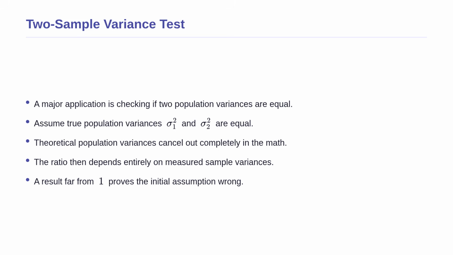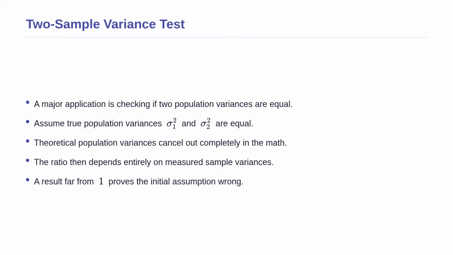Having seen the shape of the distribution, let us explore one of its most important practical applications, the two-sample variance test. This test is used when we want to check if the variances of two different populations are equal. We start by assuming that the true population variances are exactly equal. When we do this, a magical cancellation happens in our math.